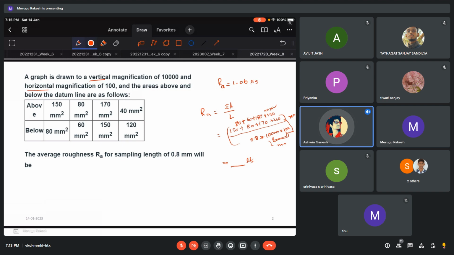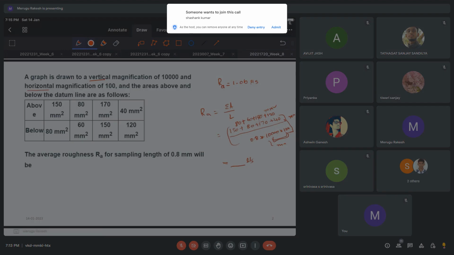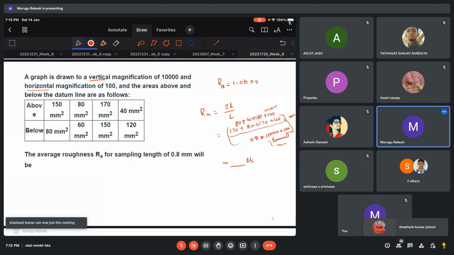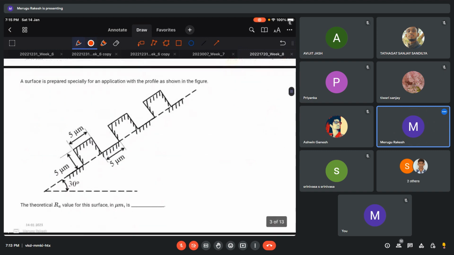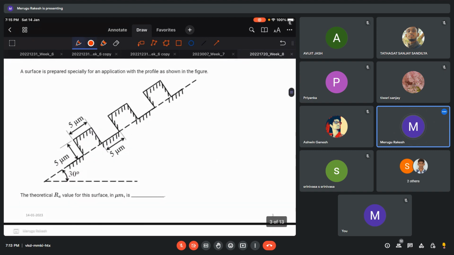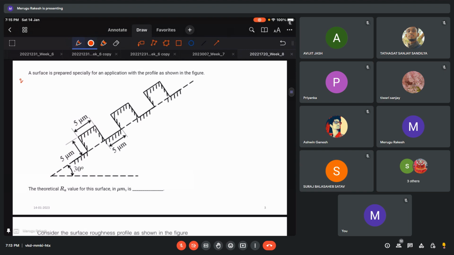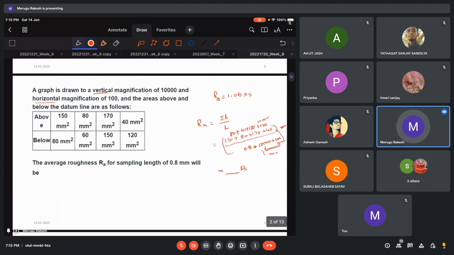So we are dividing by both the horizontal and vertical magnification. Yes. What was the unit? If you multiply with 1000, you will get it in microns. Otherwise, it will be in mm.